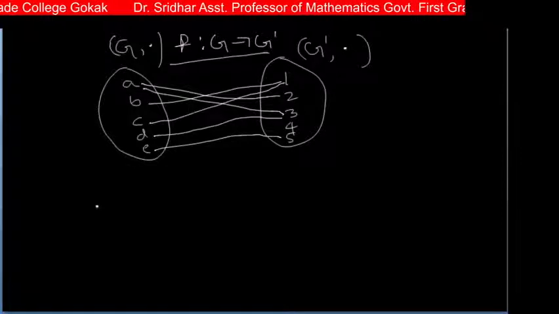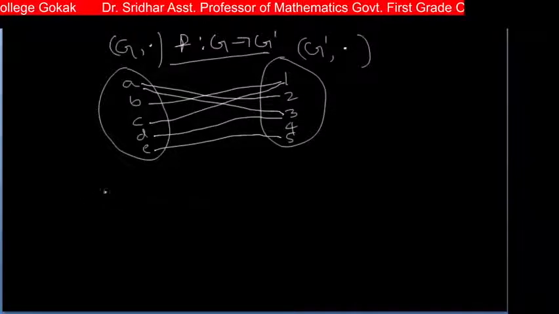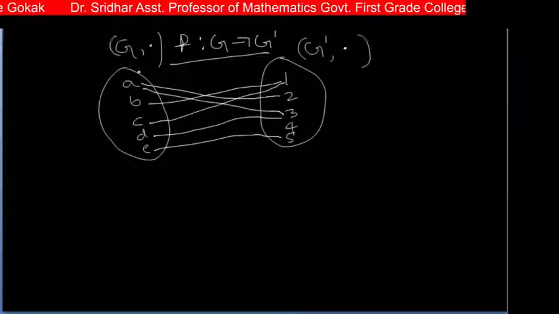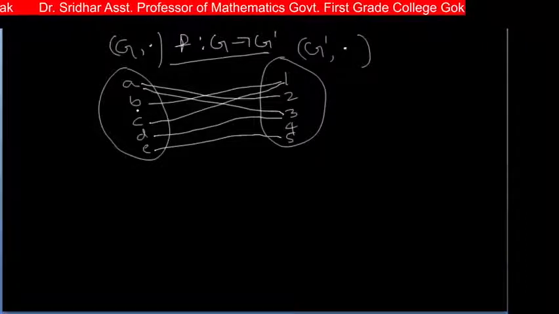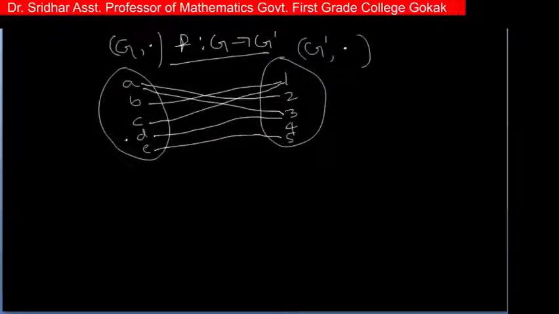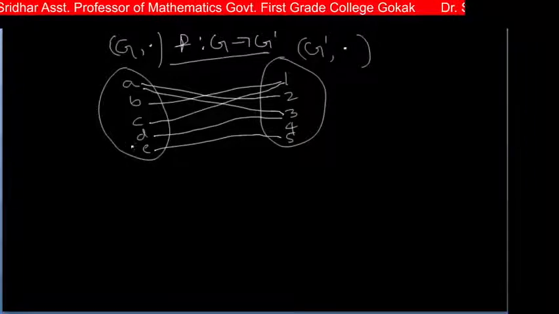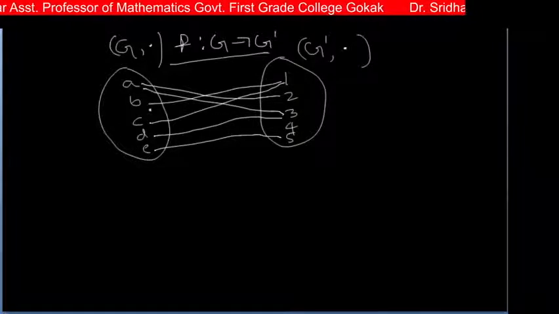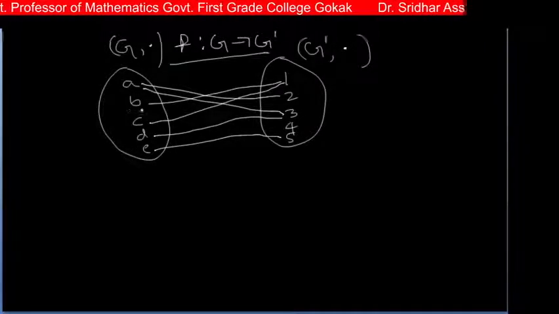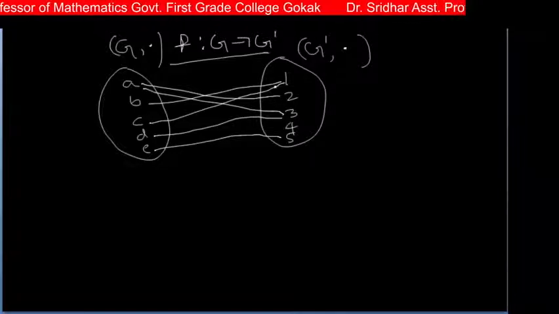So now here the kernel means what? It is a subset of G containing the elements whose images are 1.